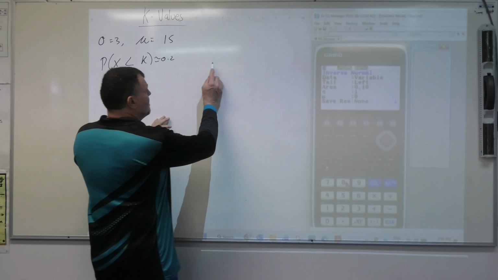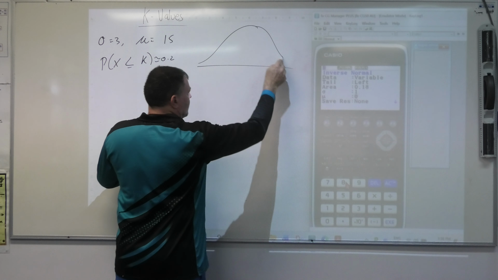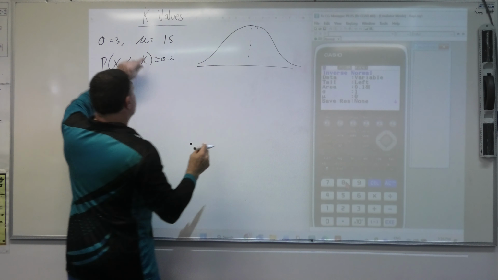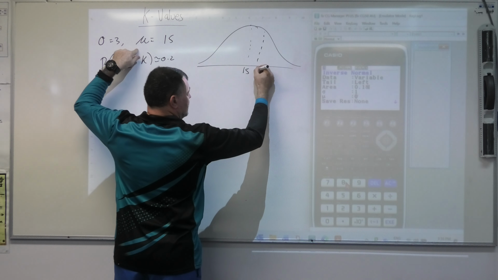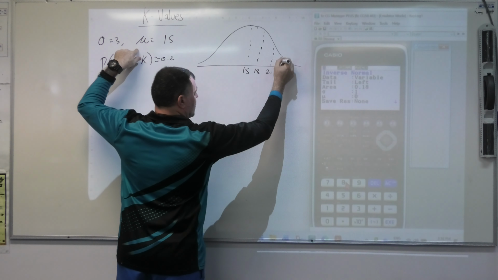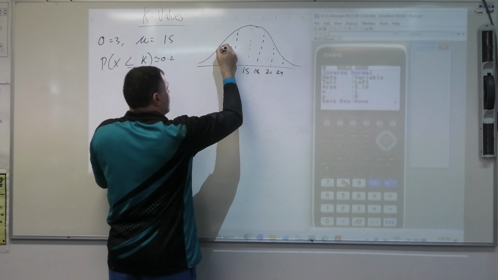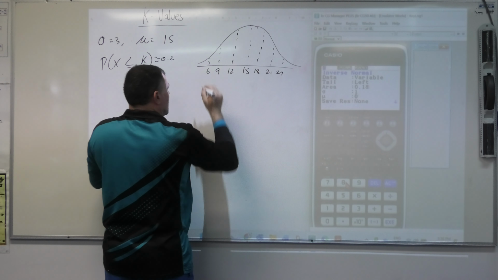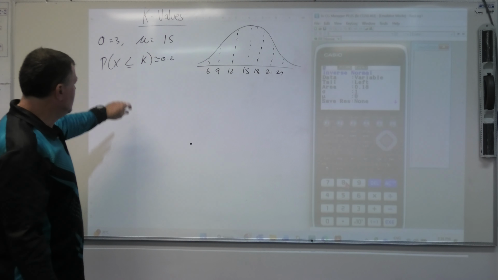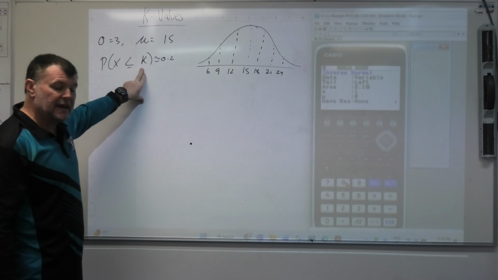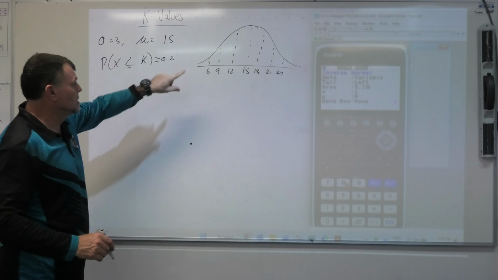So if we go all the way back and look at our normal distribution curve, and we plug in all this information, we have a mean of 15, we have a deviation of 3, which then leaves us with a kind of distribution that looks like this. What we're looking for here is, what could the k value be if I have an area that's up to 20%?